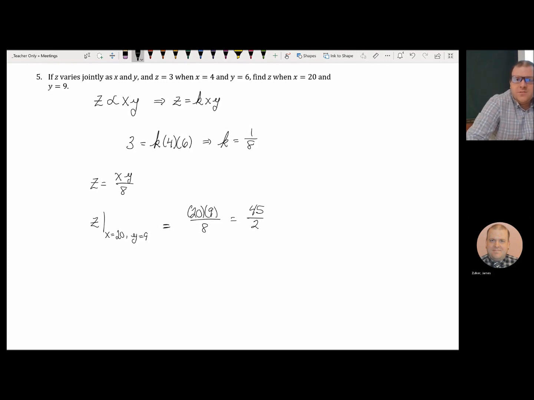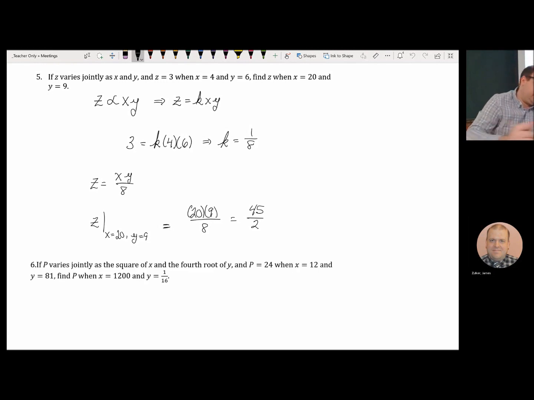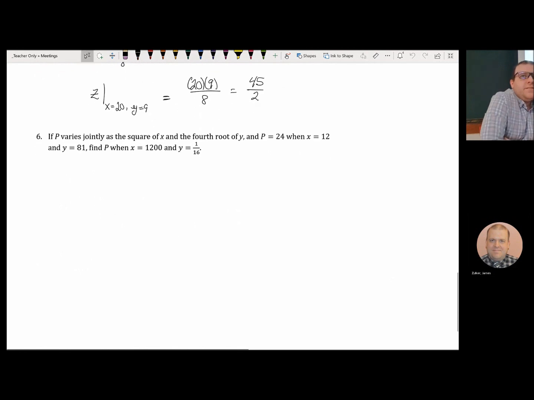Okay, we'll look at one more. P varies jointly as the square of x and the fourth root of y. P would be k x squared fourth root of y.